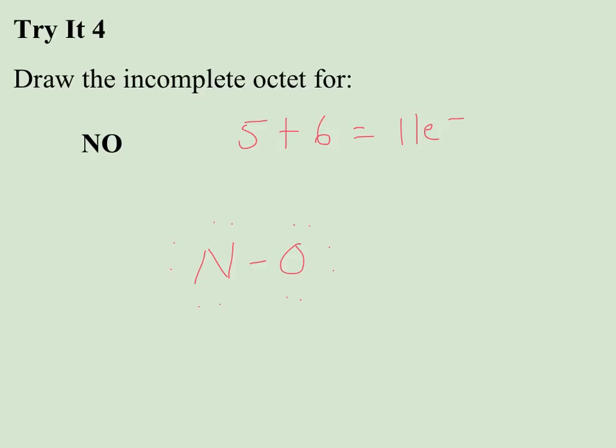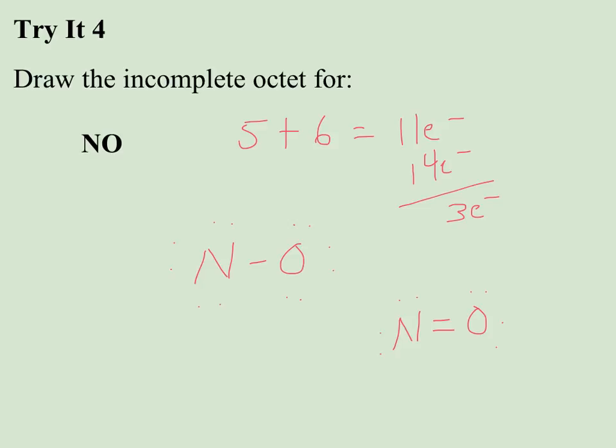So I've used 2, 4, 6, 8, 10, 12, 14 electrons. And just like my example, I have 3 electrons left. So I can redraw this with a double bond and then put 2 lone pair on each one.